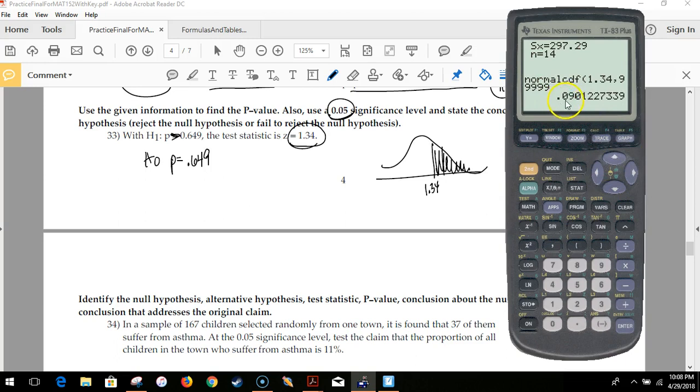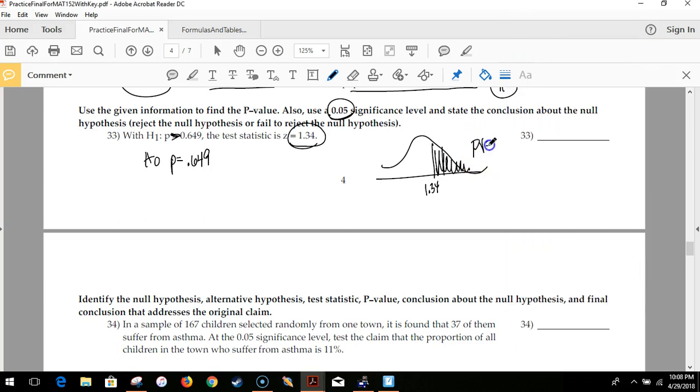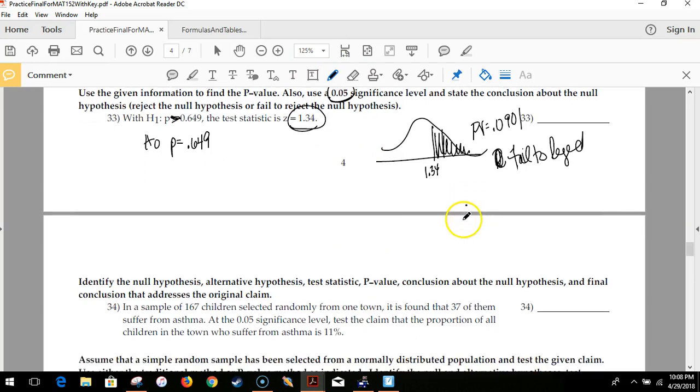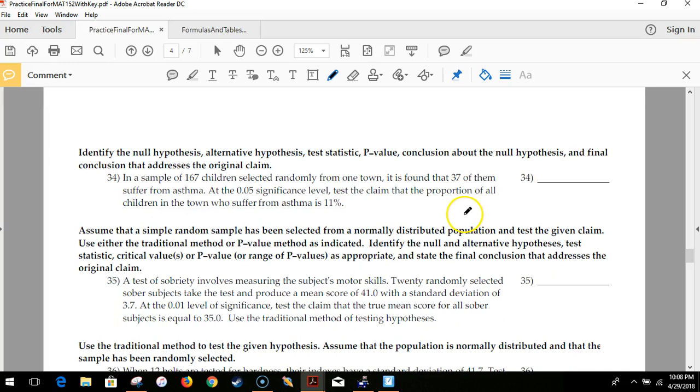So the p-value is 0.0901, sorry. And this is going to be fail to reject, because that p-value is much larger than the 0.05. That's all you need to do for that one. I know it's a little weird. Hang in there, about 10 more minutes, we're almost done.